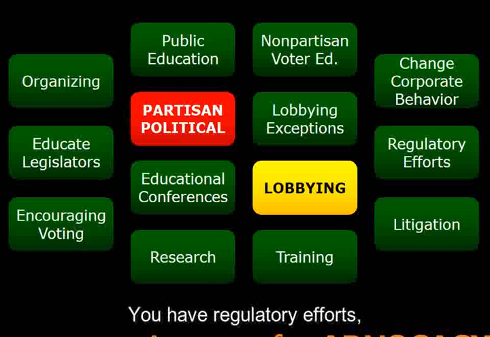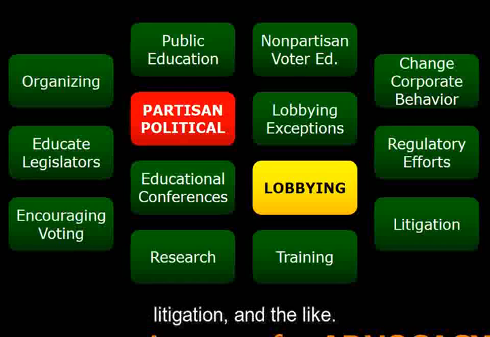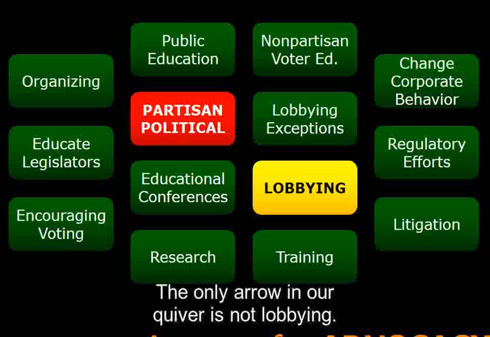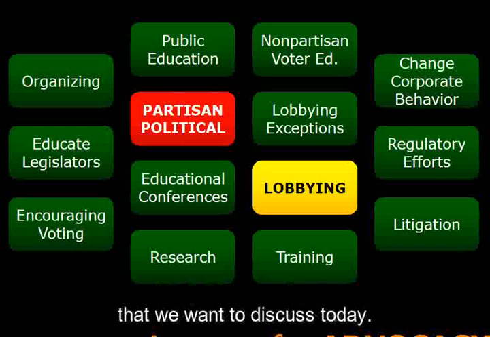As you see on the screen, we have regulatory efforts, nonpartisan voter education, the lobbying exceptions that we'll get into later, training, research, encouraging voting, litigation, and the like. There are many avenues for advocacy, and the only arrow in our quiver is not lobbying, but it is a very important form of advocacy that we want to discuss today.